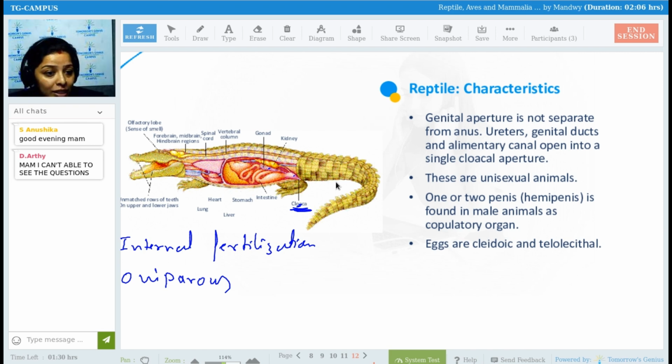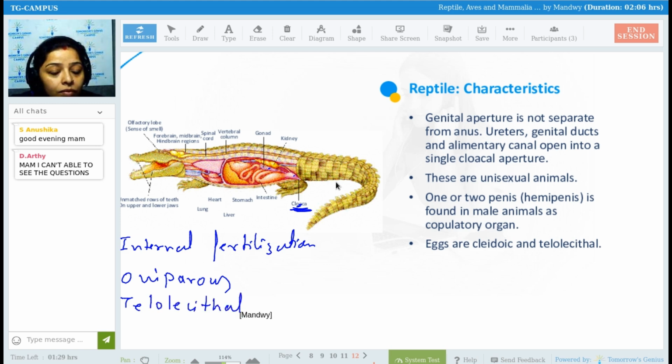As most of them are oviparous, they will form the fertilized egg. If they are developing a fertilized egg, definitely they will have a yolk, right? So the yolk content is too much in the egg, and hence the egg is called polylecithal.